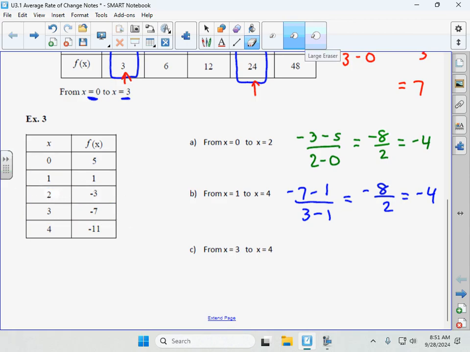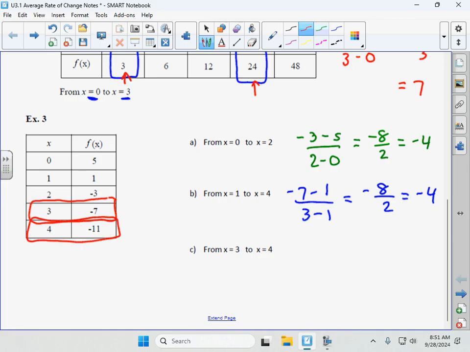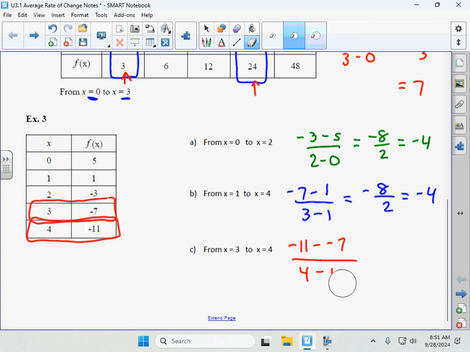All right, C, x equals 3 to x equals 4. So negative 11 minus negative 7 over 4 minus 3. So double negative, that's negative 4 over 1, which is negative 4.